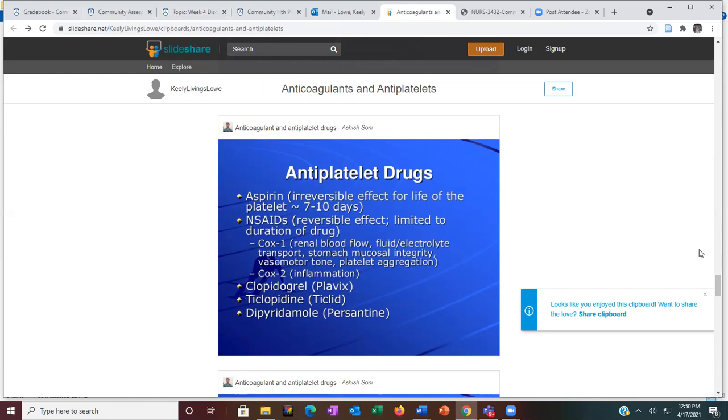And so they have an effect on, like it says here, the mucosa of the stomach, blood flow to the kidneys. It affects other parts of the body. So we wouldn't want to take them on a regular basis, full strength, just for the antiplatelet effect.